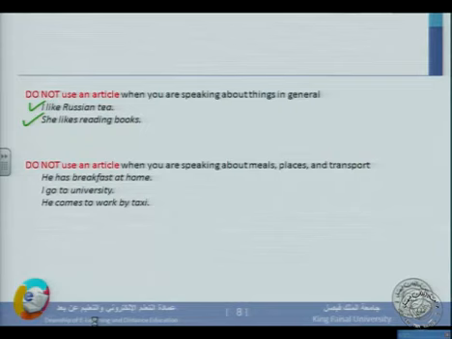Do not use an article when you are speaking about meals, places and transport. ما بنستخدمها مع الوجبات مثلا. He has breakfast at home. هذه الوجبة البريكفاست الفطور. I had dinner at home. We had supper at home. I go to university.